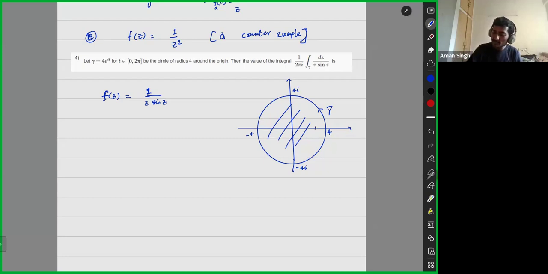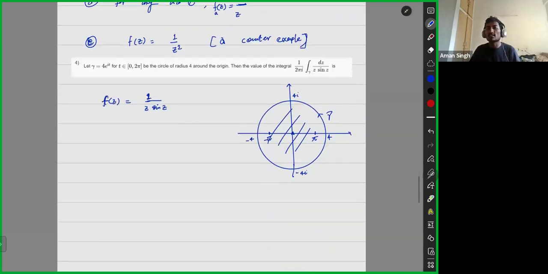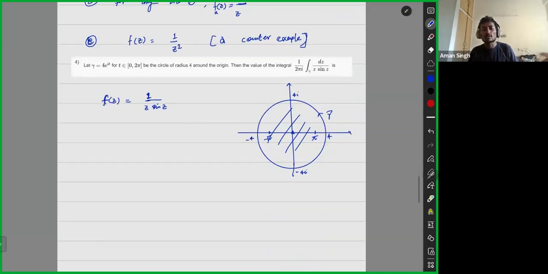Somewhere pi is here, somewhere minus pi is here, and 0 is here. So only 3 points are there, which are poles or simply singularities. There are 3 points of singularities.